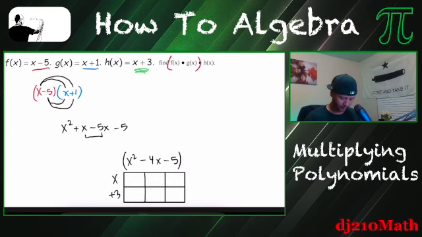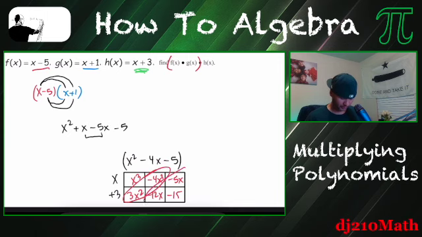Okay. X times x squared, x cubed, x times negative 4x, negative 4x squared, x times negative 5, negative 5x. Next row, 3 times x squared, 3x squared, 3 times negative 4, so negative 12x. And then 3 times negative 5 is negative 15. Again, we add on the diagonals.